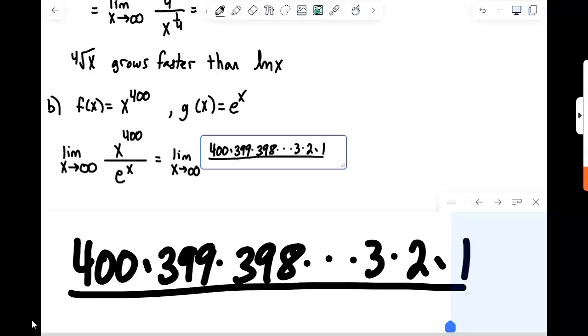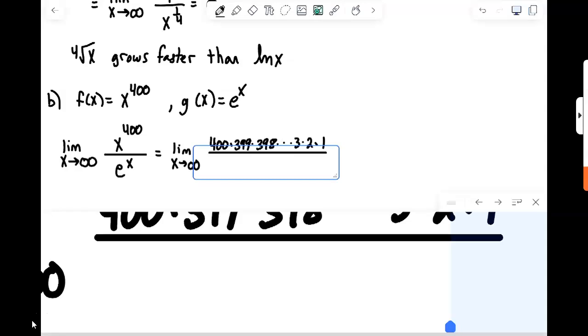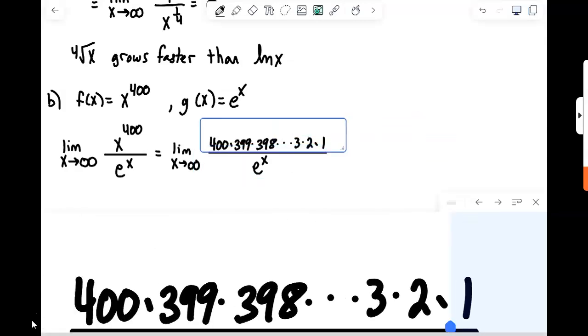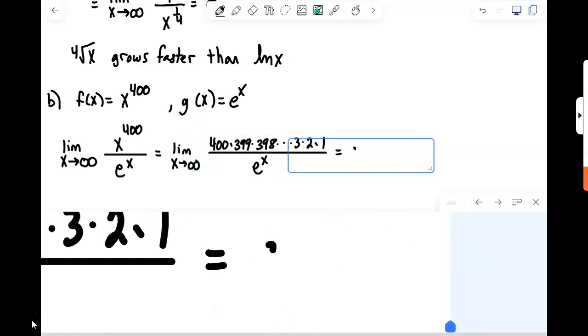It's a really, really big number. And in the bottom, after I took the derivative of e to the x 400 times, I would have just e to the x still. So even though this is a massive number, it's still divided by infinity, so it still goes to 0.